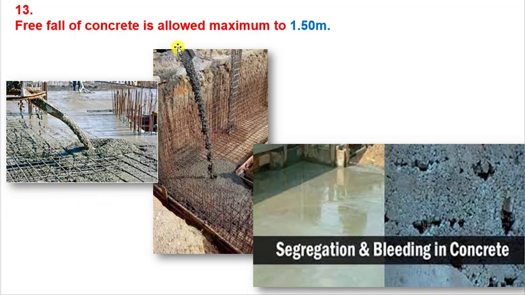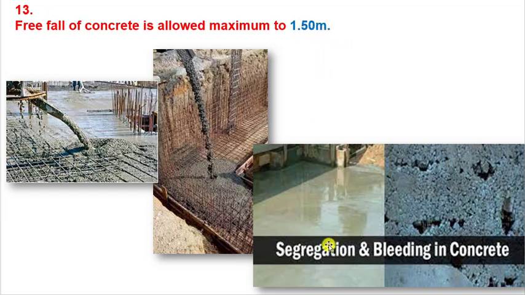The maximum free fall allowed for concrete is a height of 1.50 meters. The height cannot be more than 1.50. If it goes above 1.50, then what will happen?